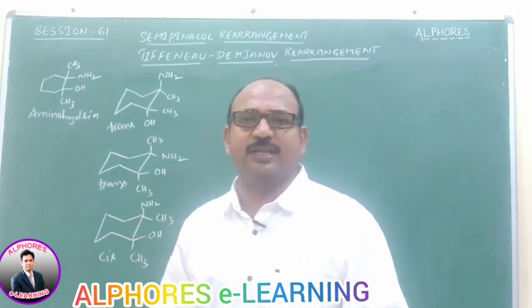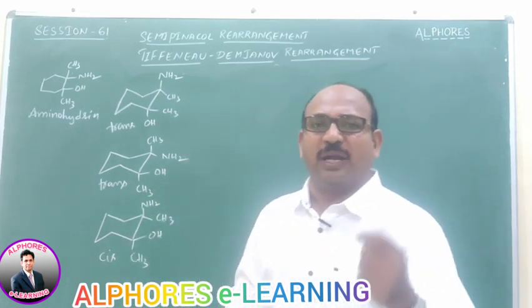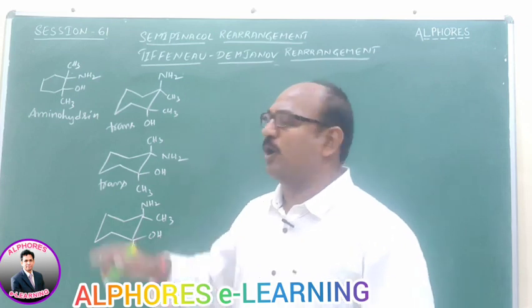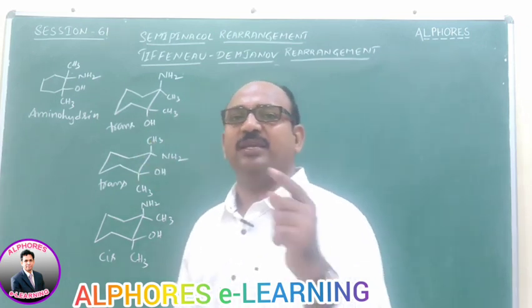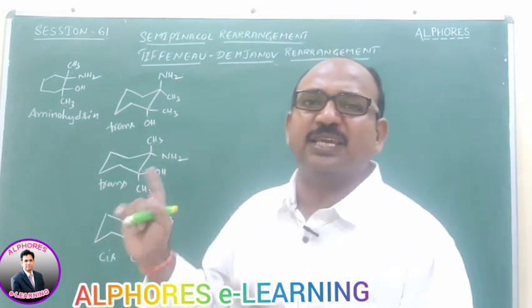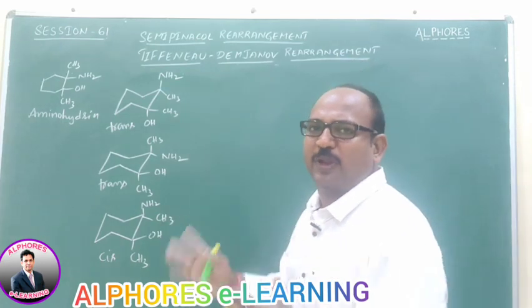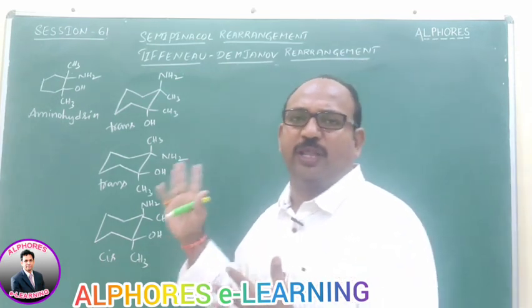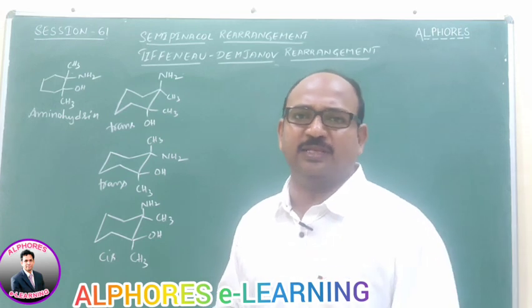Now I am going to consider the same compound, but instead of two OH groups, one is OH and the other is NH2. Let us see how the semipinacol or Tiffeneau-Demjanov rearrangement takes place.